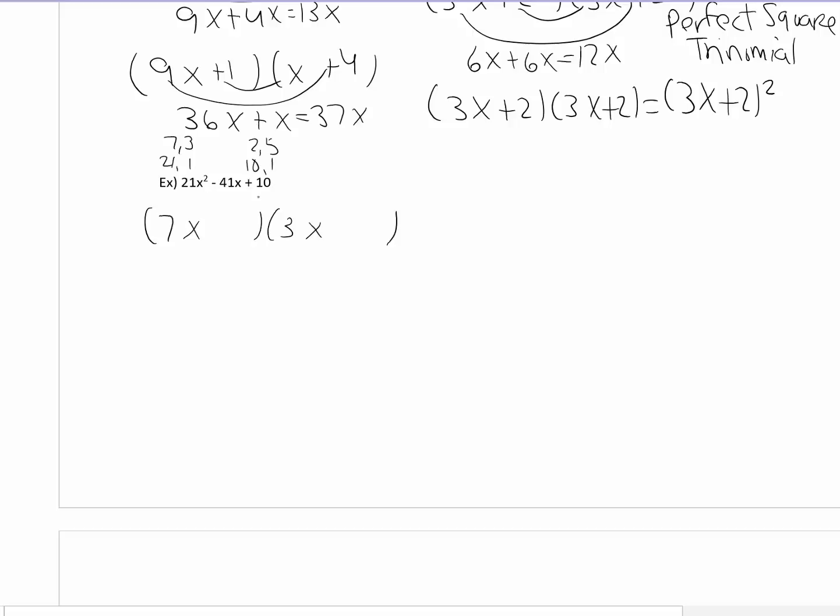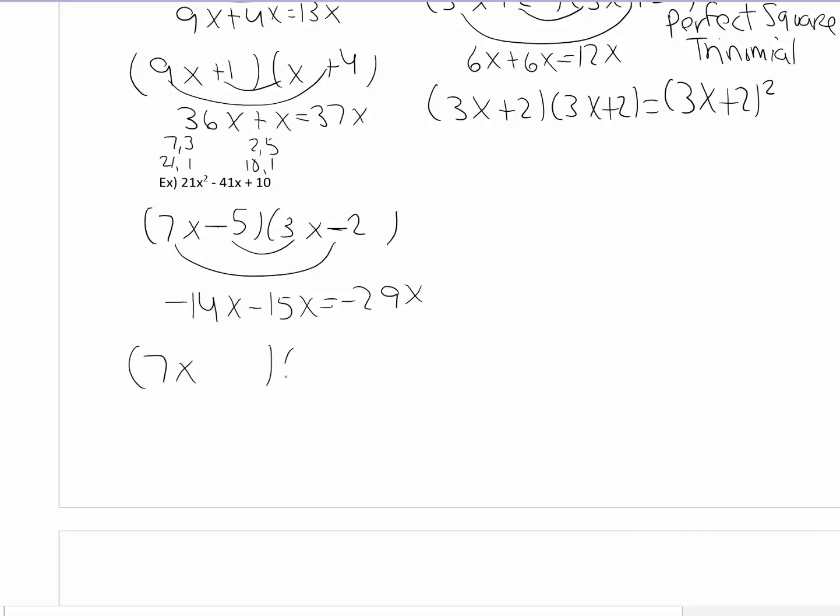Now, the signs. The constant is positive, but the middle term is negative. So it's got to be a negative times a negative gets me a positive, but when I add two negative numbers up, I get a negative also. Okay, so let's try 5 and 2 first. Check the outer and the inner. Negative 29, that does not work.